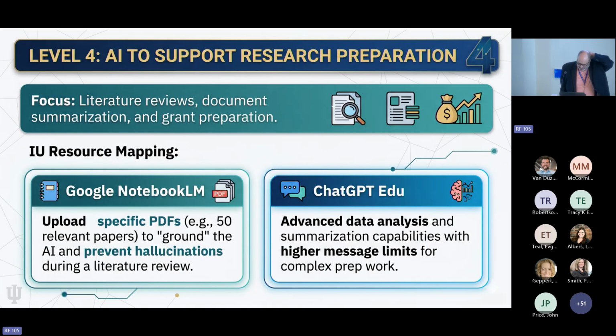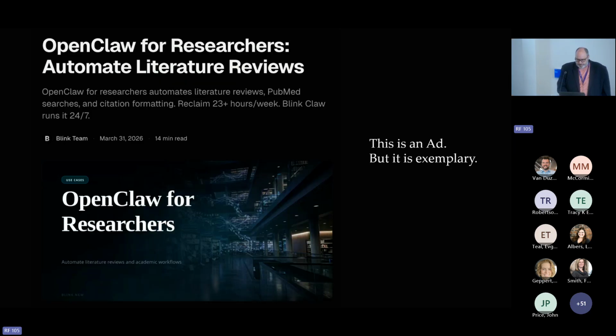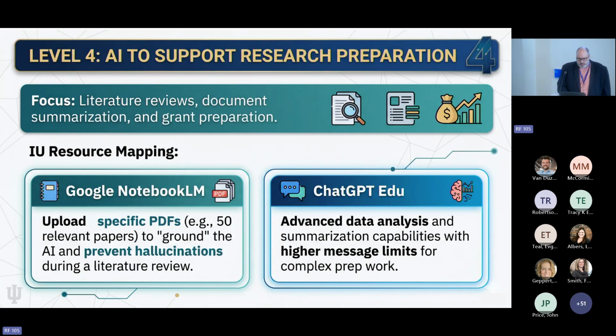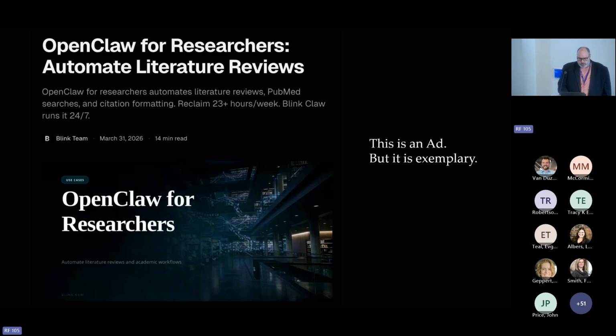I'm going to talk about NotebookLM in a minute. ChatGPT EDU is also available, just like Google Gemini and associated tools are. And you can see that it has higher message limits for complex prep work.